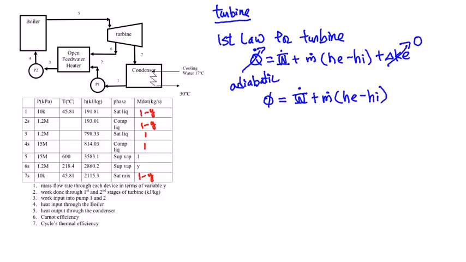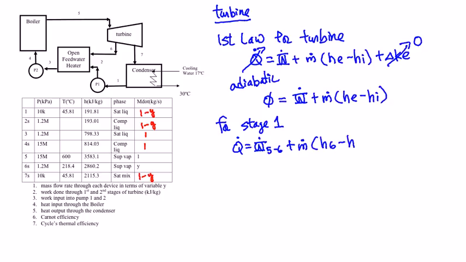Since the flow should be the same across the turbine, for stage 1, Q dot is equal to W dot, and we're talking about from 5 to 6, plus m dot coming out at 6.